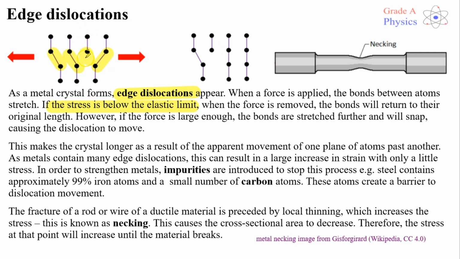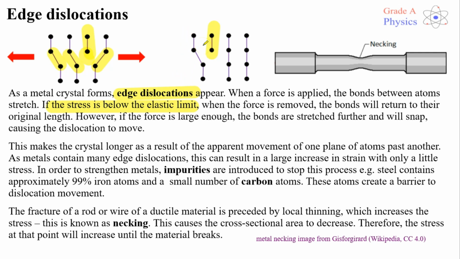So what we had on this line here has now moved along. It's quite difficult to do with a static screen. I do have a nice PowerPoint of this, which should be in the free resources on the PayHip site. But what we end up with is this movement of bonds from the right to the left, and we end up with a permanent extension.